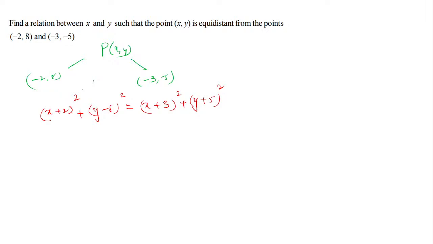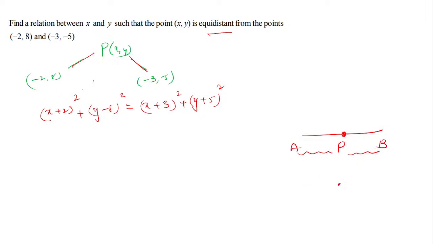No, not the midpoint formula. We have to use equidistant. Midpoint means exactly in the middle of the line. Suppose this is A, B. If P is equidistant, it can be exactly the midpoint.